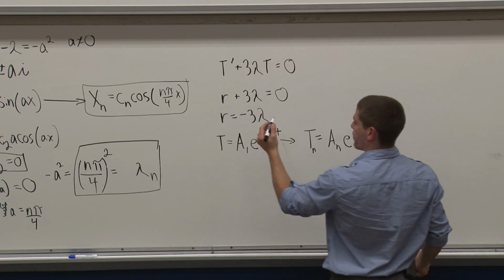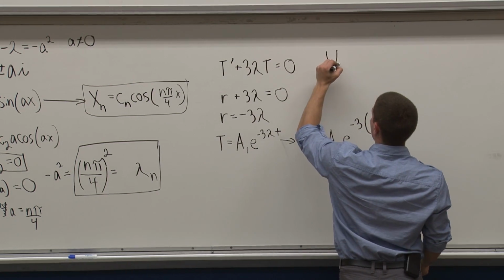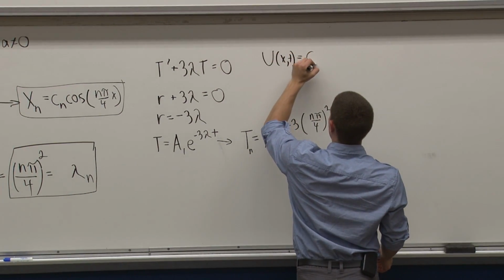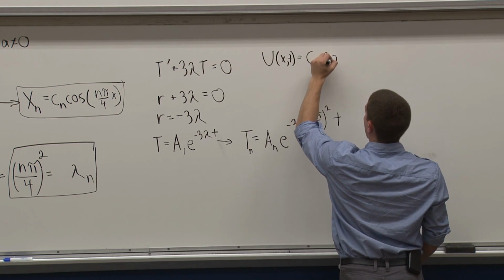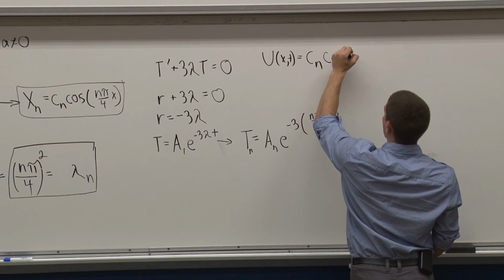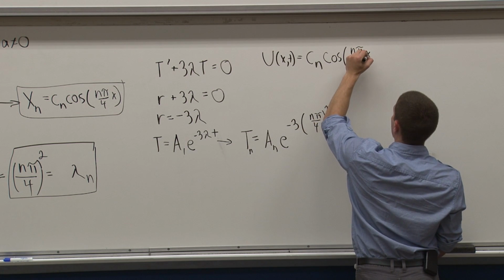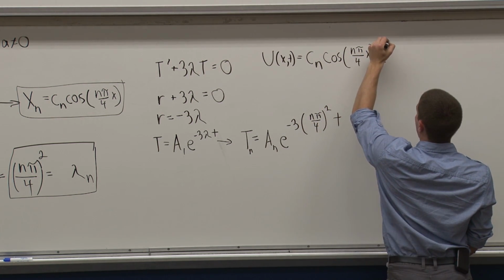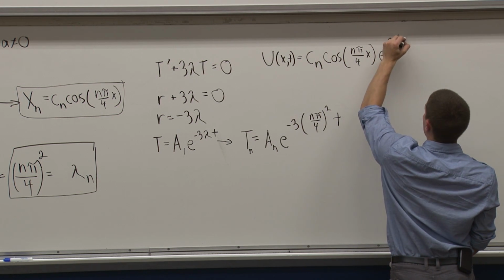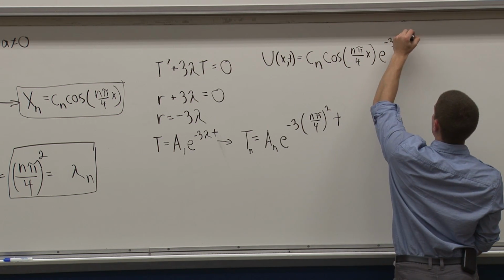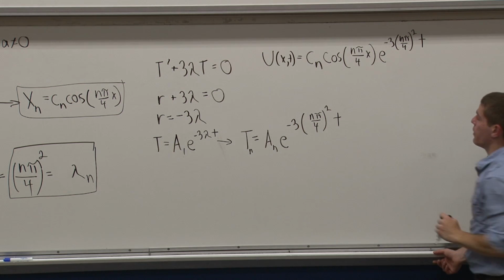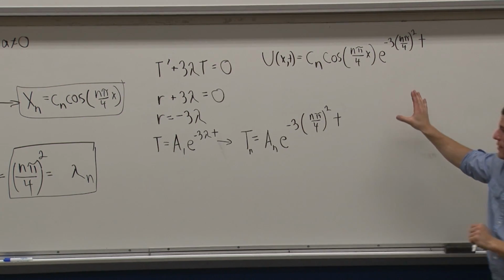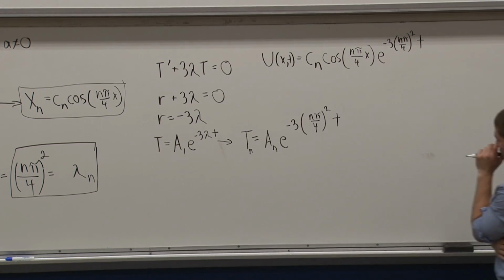So u of x,t is equal to cn cosine of n pi over 4 x times e to the negative 3 n pi over 4 squared times t. Now you have 80% of the points of the problem. That's good.